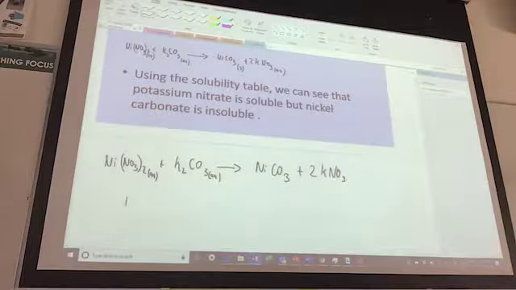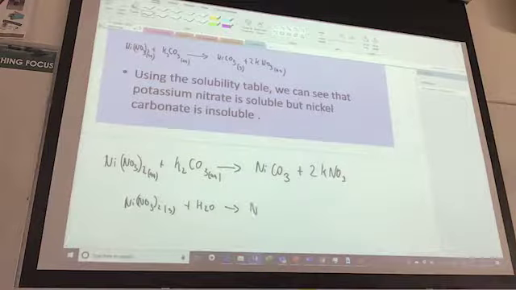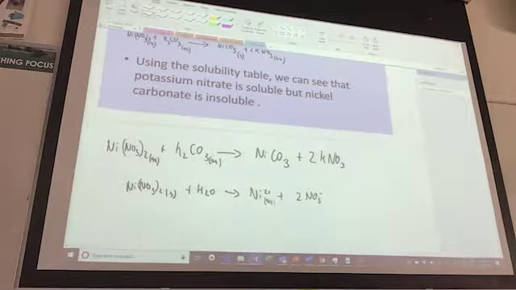So when we get nickel nitrate as a solid and we add it to water, we end up with this equation happening.